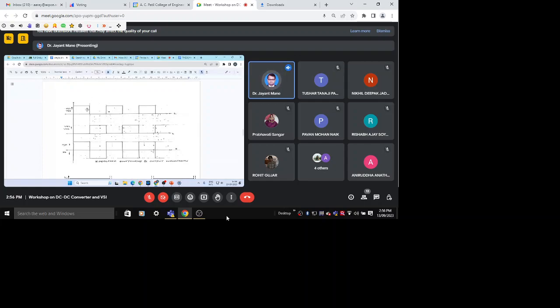It is 10 milliseconds. So for 10 milliseconds T1, T3 on, then T2 and T4. And the resultant is VDC. How VDC plus and VDC minus?